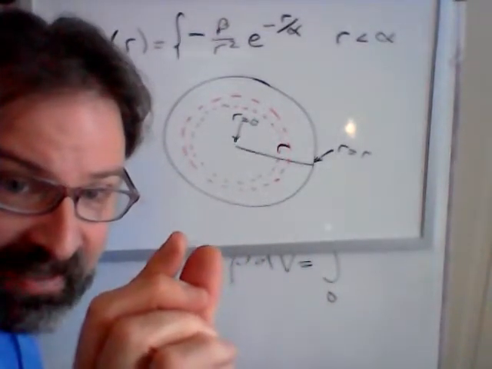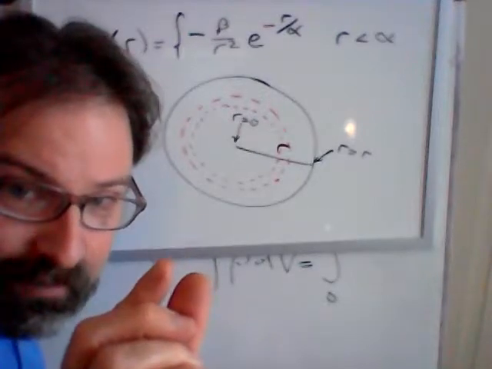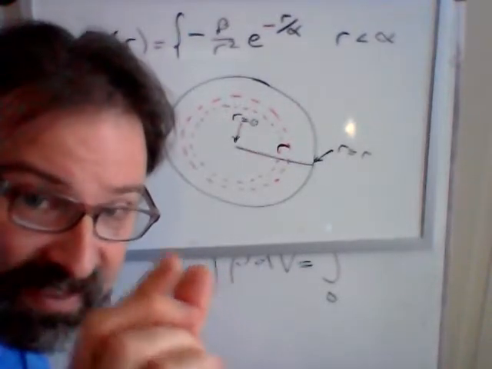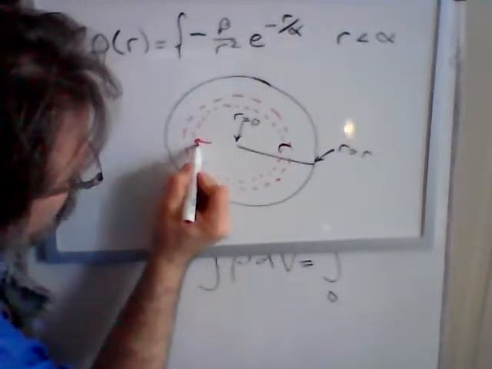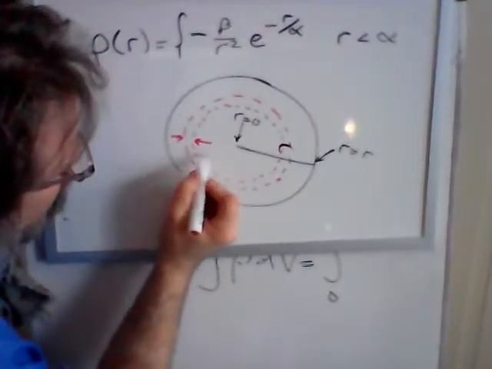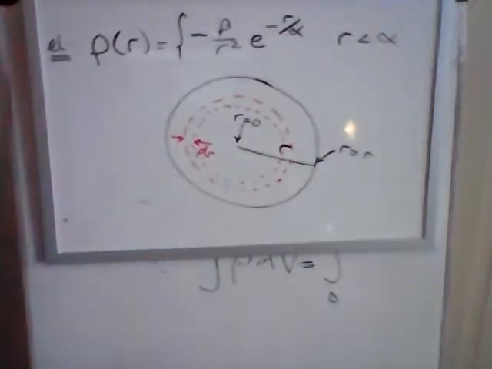It's actually no width at all. We can make it as small as we want to. It's a differential width. So this width right here, we would call dr. That's the width of that thing.